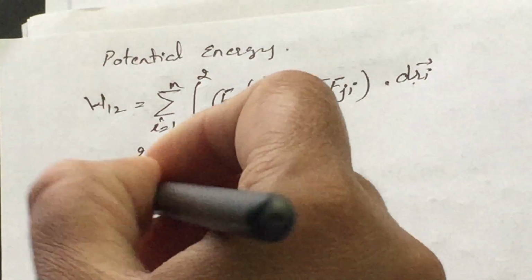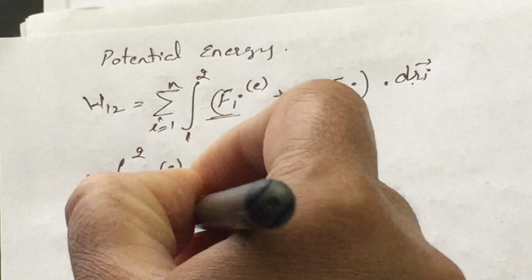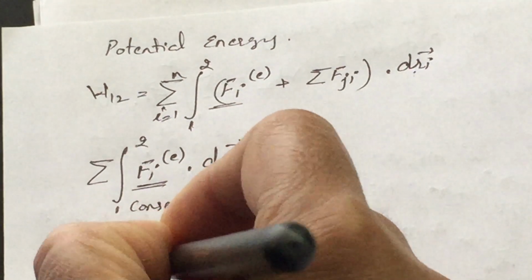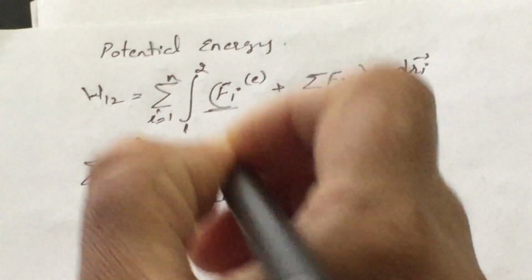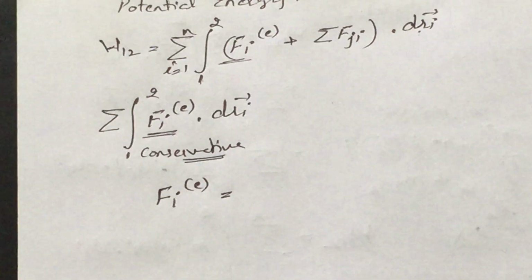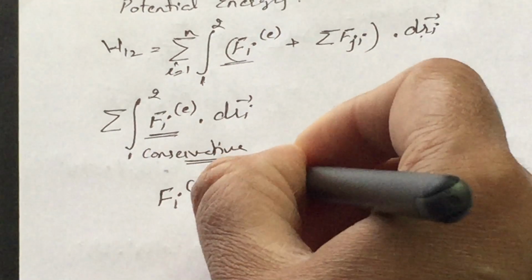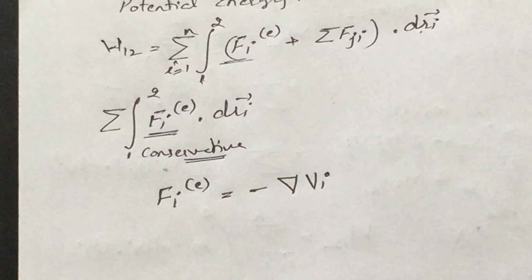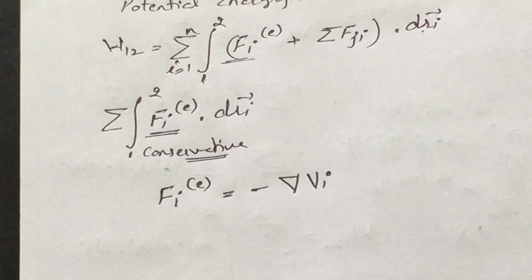As this force is conservative in nature, we can express it as the change in the potential energy. If the external force is conservative, then and only then we can represent it with minus gradient of vi, the potential energy of the ith particle.